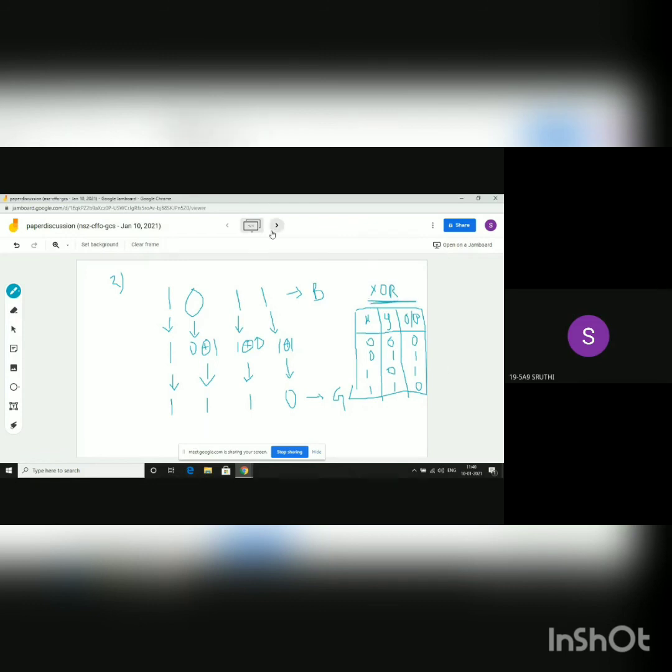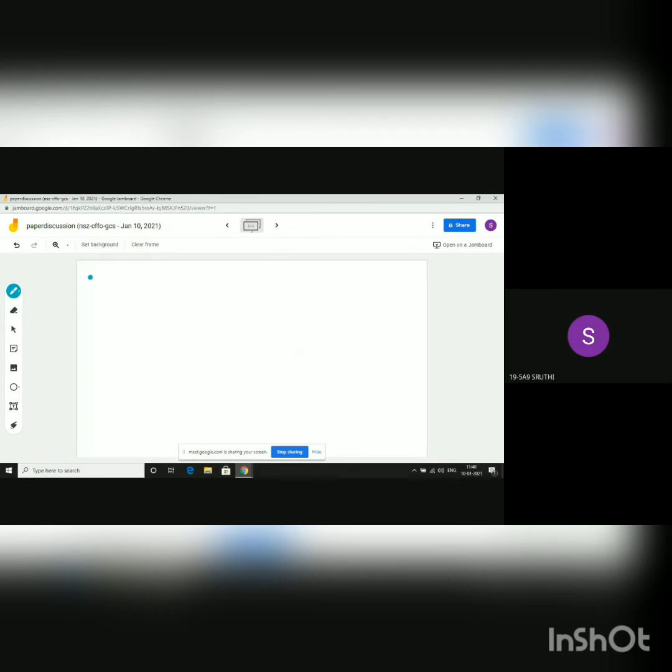Now, the question given to us is convert 1110 to its gray code equivalent.